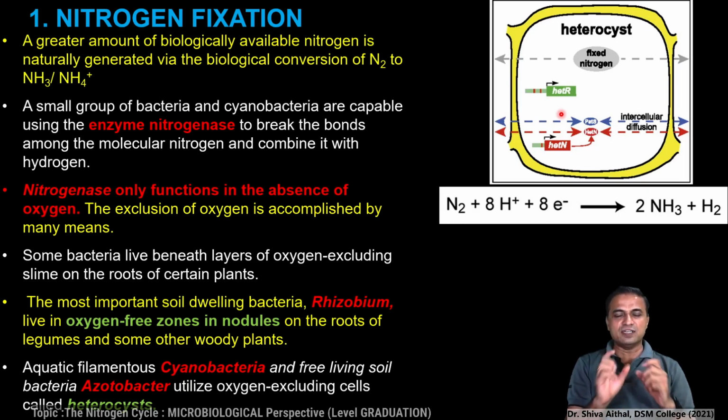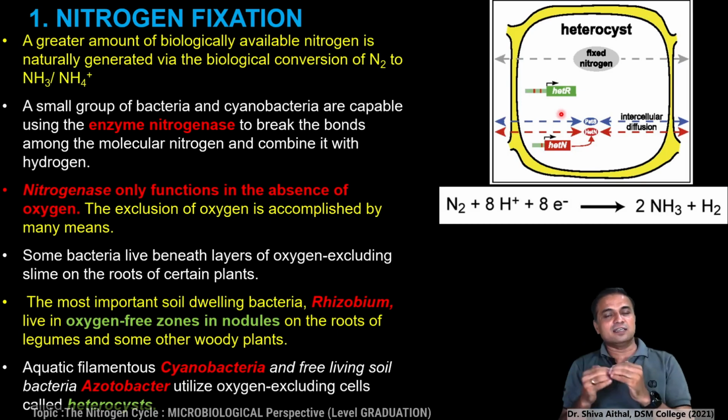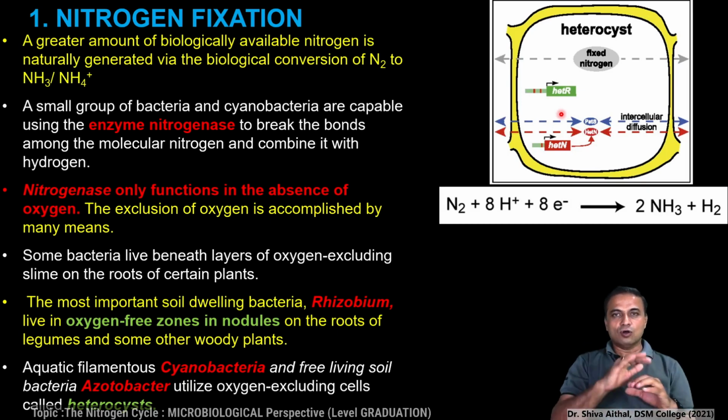Azotobacter, a free living soil nitrogen fixing bacteria capable of synthesizing nitrogenase, has to protect its enzyme system from oxygen. How does it do it? It secretes a slime-like layer, and oxygen is excluded from entering the slime. That is one mechanism.